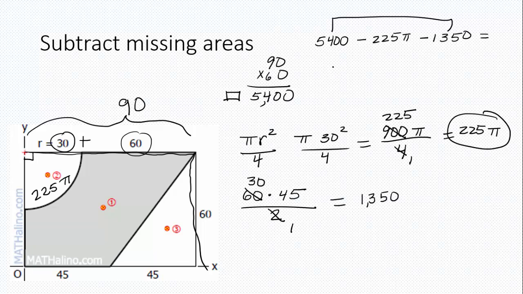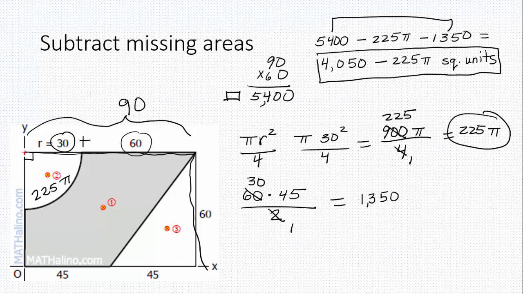So 5,400 minus 1,350 is 4,050 minus 225 pi. So this is in terms of pi. The units are not designated, so we say square units. And if I was grading this, I wouldn't be able to find that answer, so I'm going to put a nice box or a circle around it to set it off. And that's as simplified as we can leave our answer.